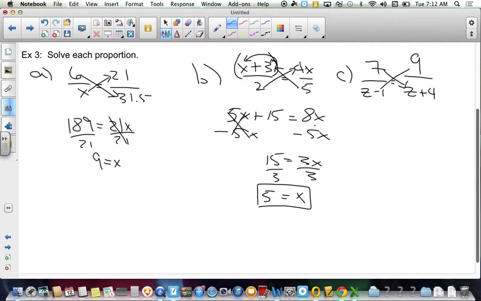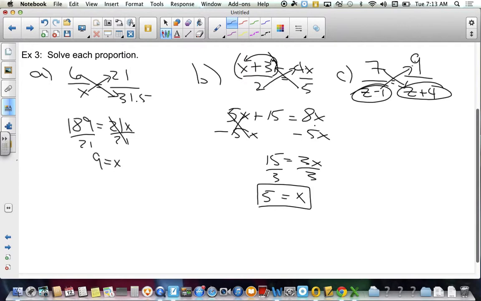All right? One more. Let's look at this again. So we want to start out. We got 7 over z minus 1, 9 over z plus 4. We want to cross multiply. Make sure again that we take the 9 times both parts of that binomial, the 7 times both parts of that binomial. Okay?